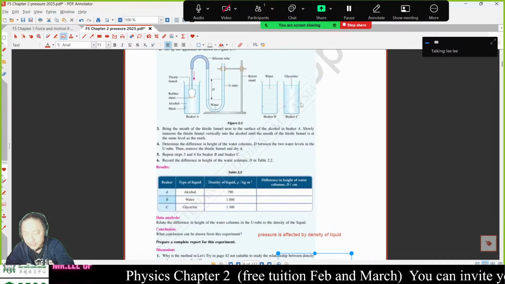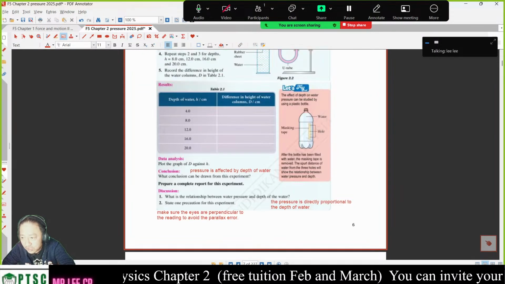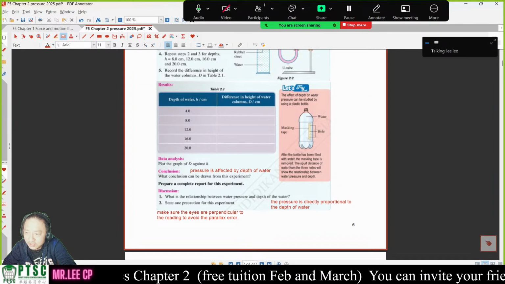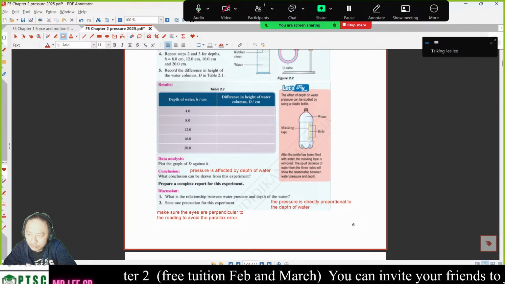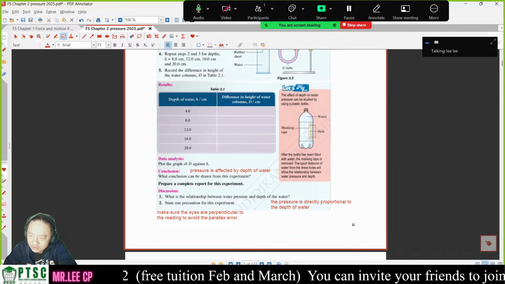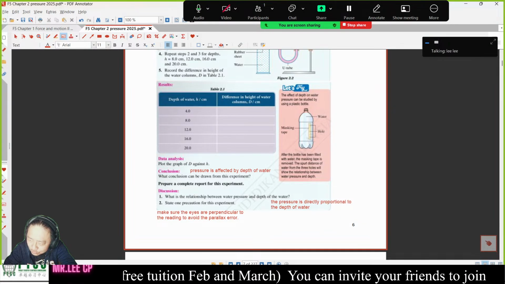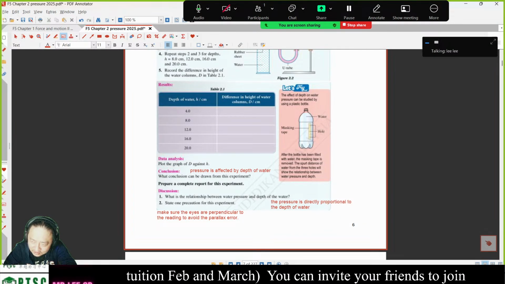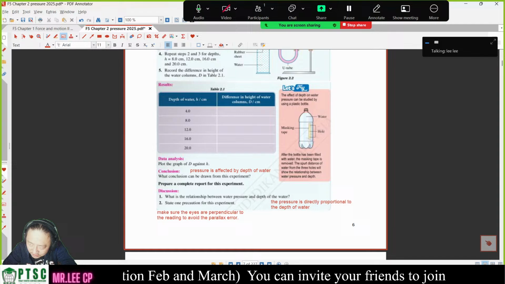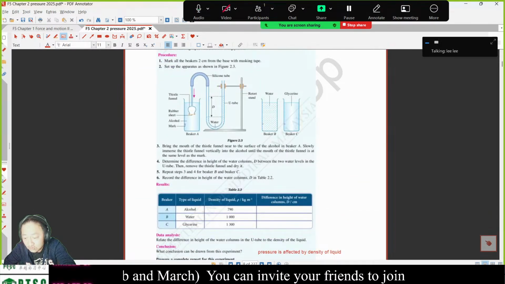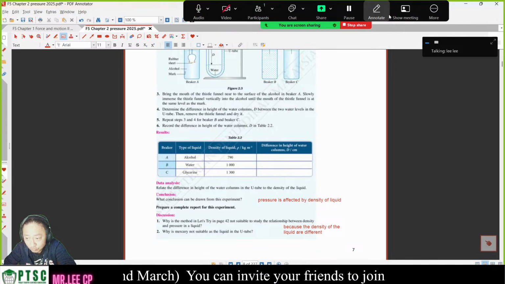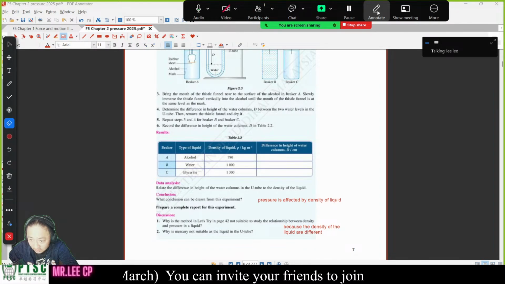If you want to test oil and water, how do you compare? You do one, and then shoo, and then you use oil, shoo. So I can only see how deep it is and how far it goes. So this one I use one hole. If you want, you use this way.